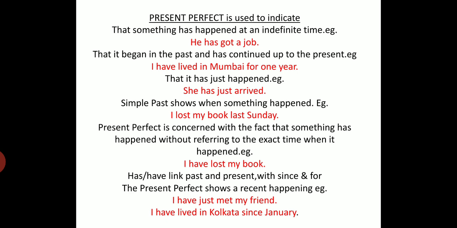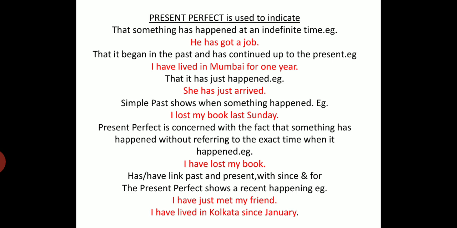So present perfect is concerned with the fact that something has happened without referring to the exact time when it happened. Something has happened, but we don't know the exact time. I have lost my book. We don't know when. Okay? So has and have, they link past and present with since and for, both. Present perfect shows a recent happening.